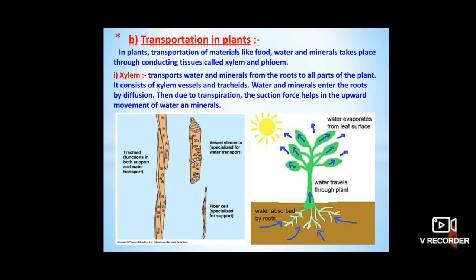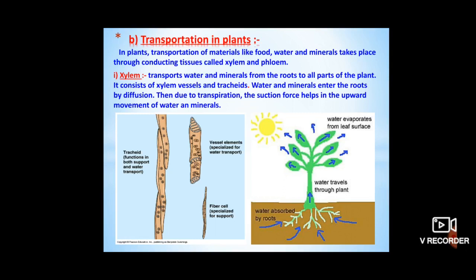This increases the turgor pressure or sucking pressure in the roots of the plant. This helps to absorb more water from the land. That's why we call it transpiration.